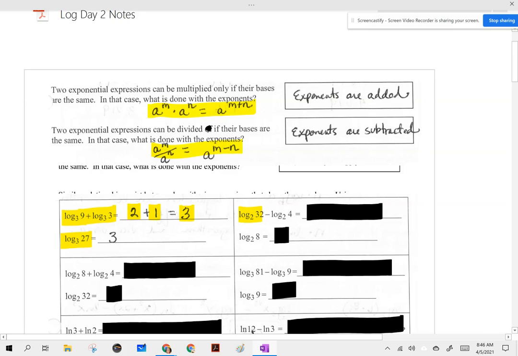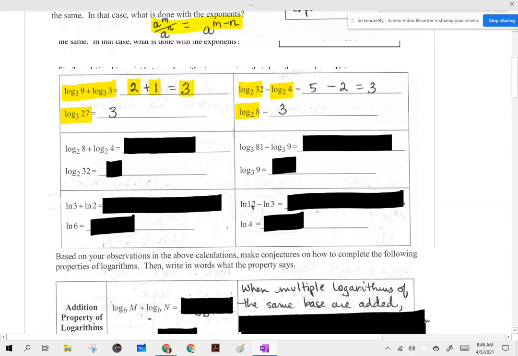Log base 2 of 32, and then log base 2 of 4, that gives us 5 minus 2, which is 3. And then log base 2 of 8 also gives us 3. Okay, log 8 in your calculator and log 4 in your calculator. You should have 3 plus 2 is 5, and then log base 2 of 32, 5.